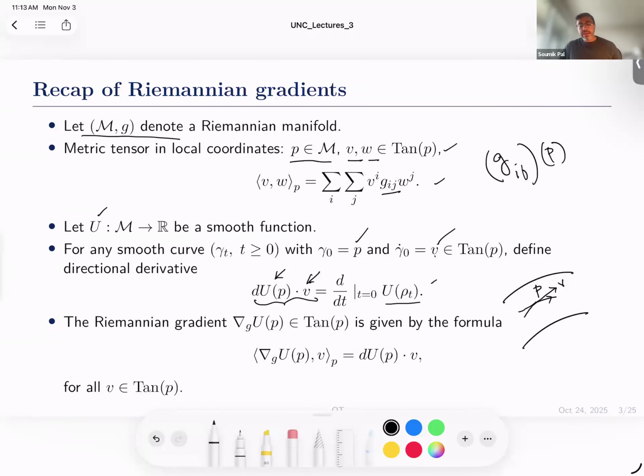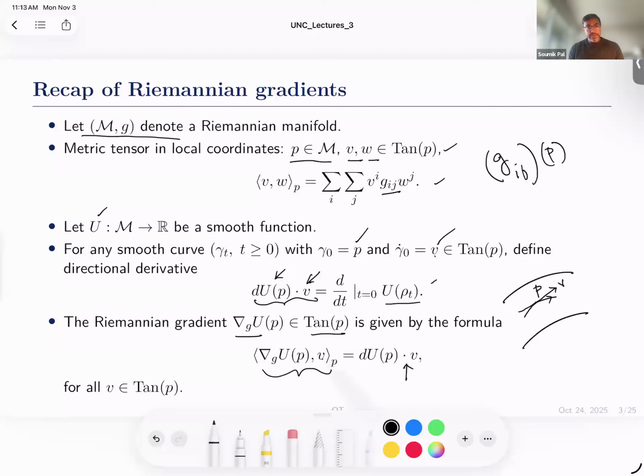The Riemannian gradient, however, is something different. It is given by a sort of inverse operation. We say that the Riemannian gradient of u on this manifold, evaluated at P, is an element in the tangent space at P, given by the formula where you change this Euclidean dot to the Riemannian inner product.